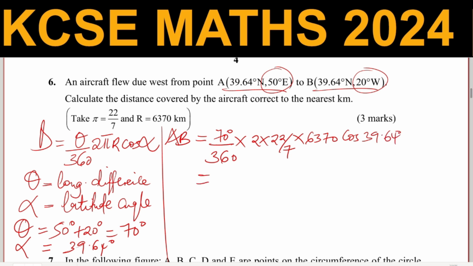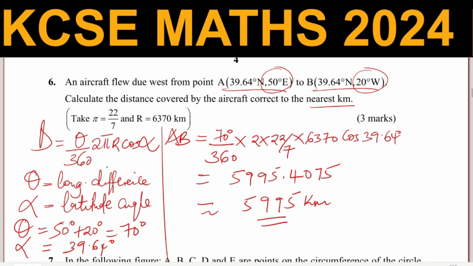Simply use your calculator carefully. Remember, it is to the nearest kilometer, so you get 5,995.4075. When you round this off to the nearest kilometer, you get 5,995 kilometers.